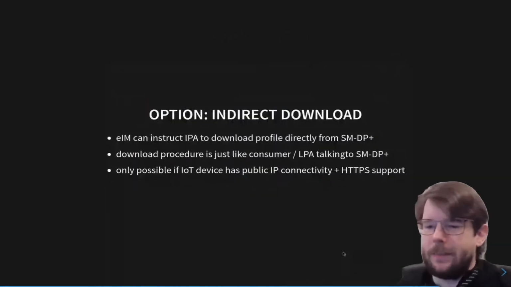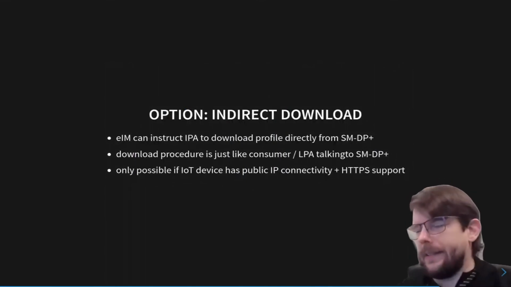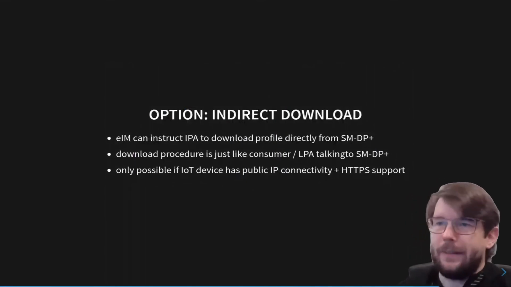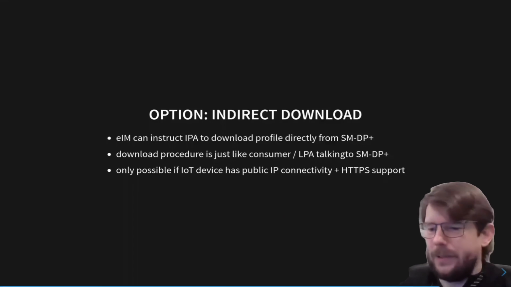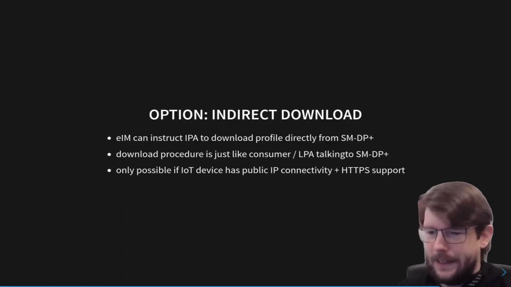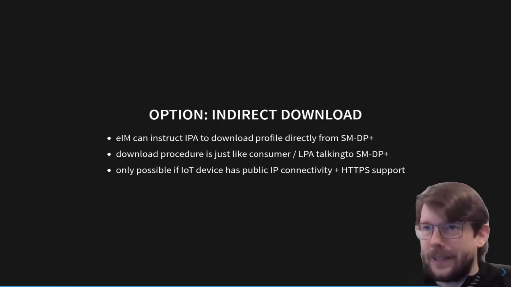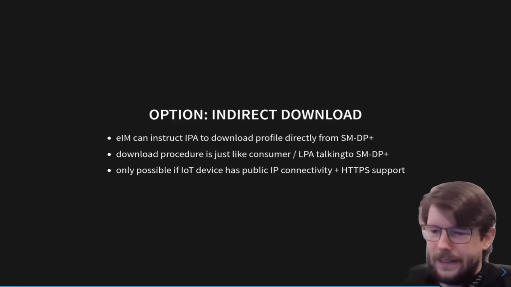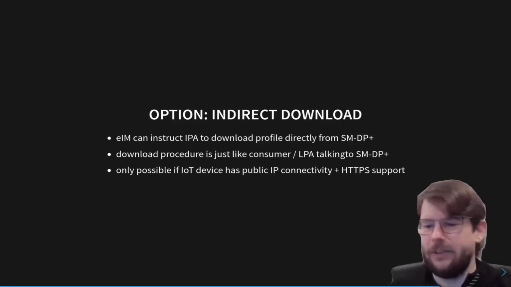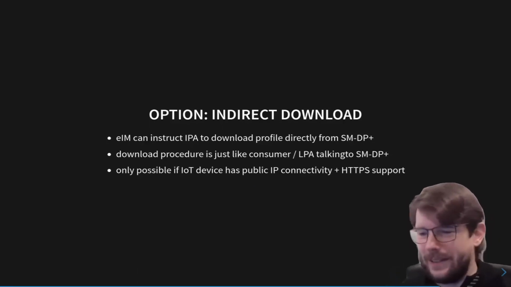Likewise, there's another option that we didn't cover so far. That's the so-called indirect download. In this case, the EIM does not act as a man-in-the-middle proxy between the IPA and the SMTP+, but it basically just instructs the IPA to download directly from an SMTP+, which of course only works if your IoT device has public IP connectivity, which for many IoT deployments I would hope is not the case.